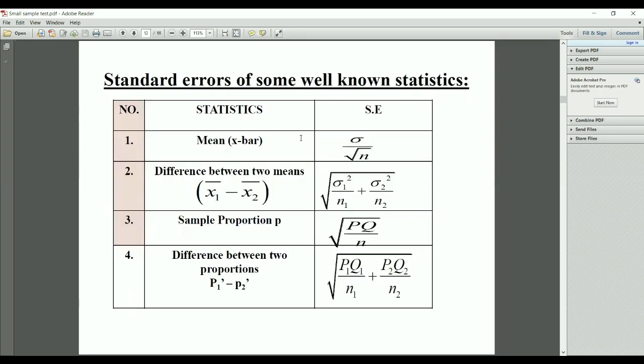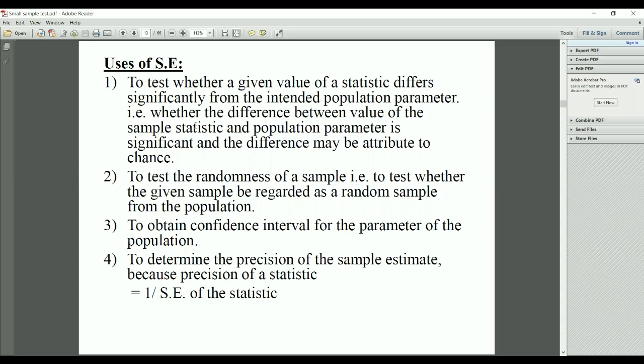So what is the use of standard error? It is used to test whether the given value of a statistic differs significantly from the intended population parameter, that is, whether the difference between the value of the sample statistic and the population parameter is significant or not. The difference may be attributed to chance. We check whether two parameters are the same or not.